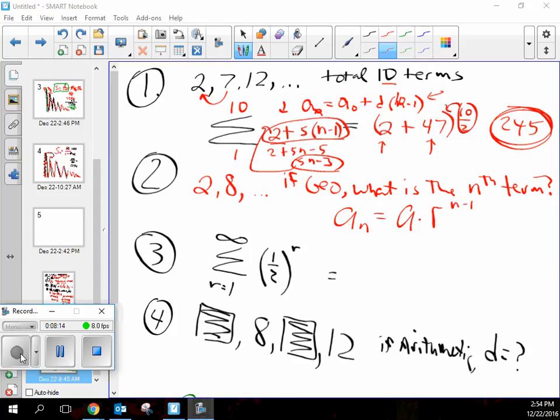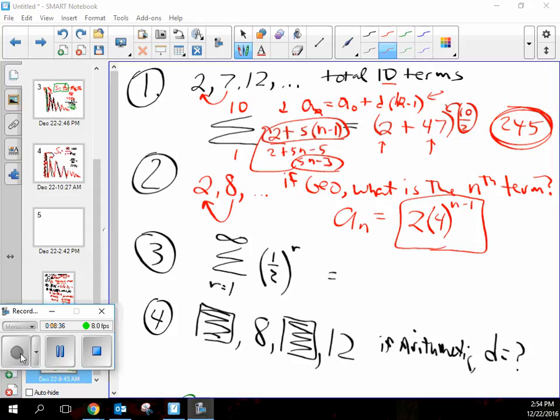And I know a for this little sequence, my starting amount is 2, and I know my r in this case is, put a parentheses here, our r is that divided by that, 8 divided by 2 is 4, to the n minus 1. There is the nth term.